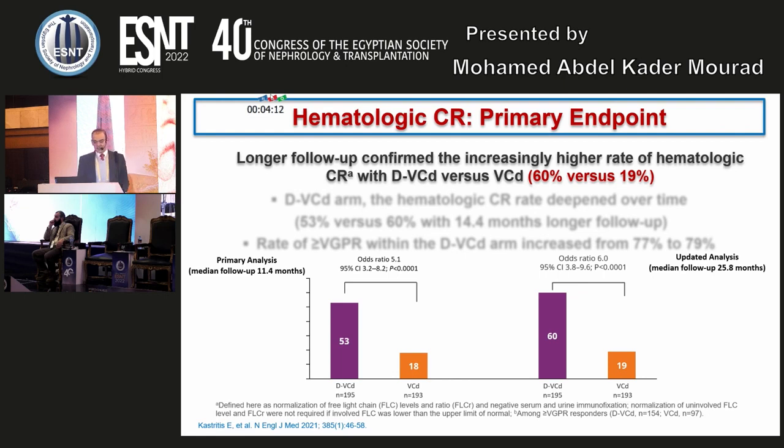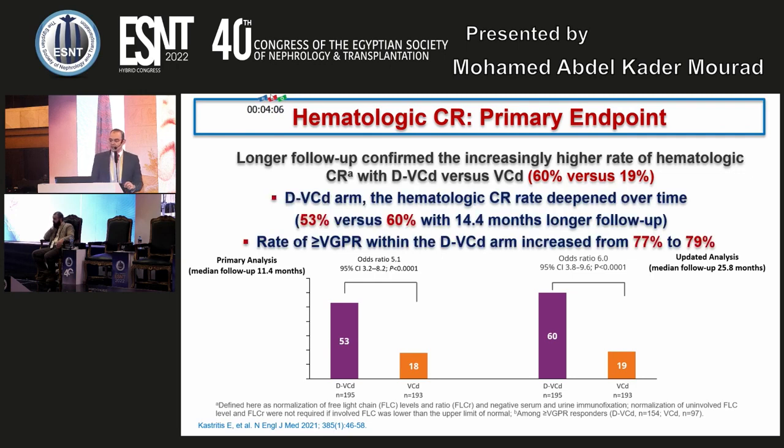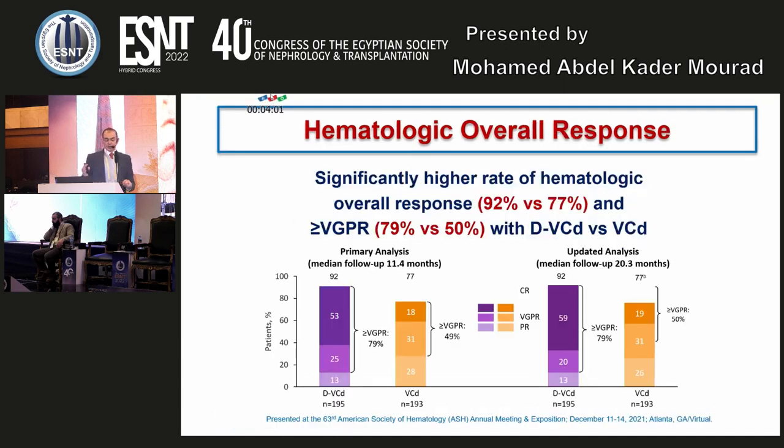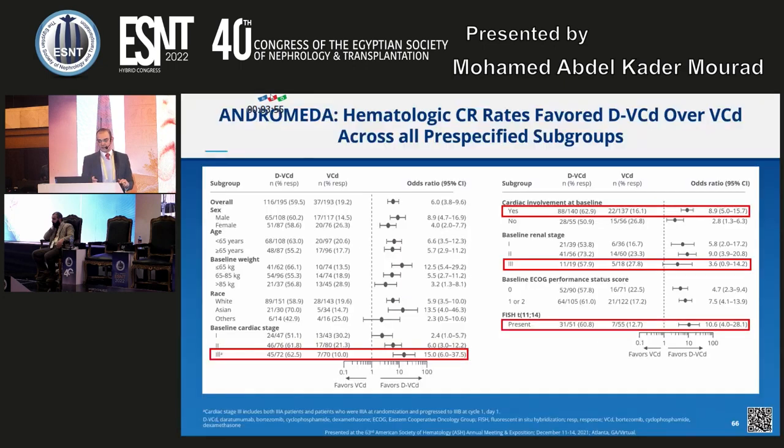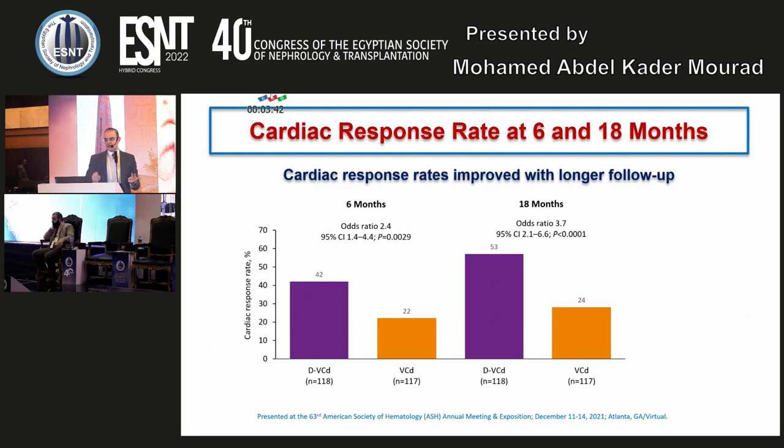With the update at ASH after a very long period, it showed that in the DARA VCD arm, complete response increased to 60%, and very good partial response increased to 79% instead of 50%, in all categories of patients, especially patients with stage 3A cardiac amyloidosis, patients with stage 3 kidney disease, and patients with translocation 11;14 who are resistant to Velcade therapy.